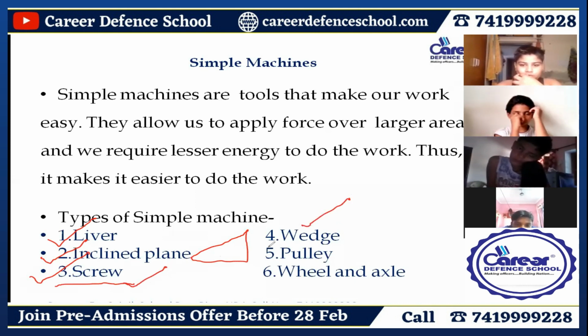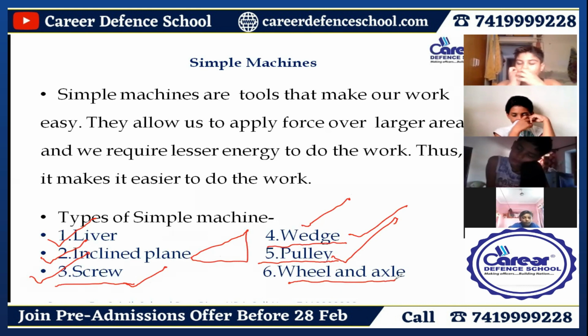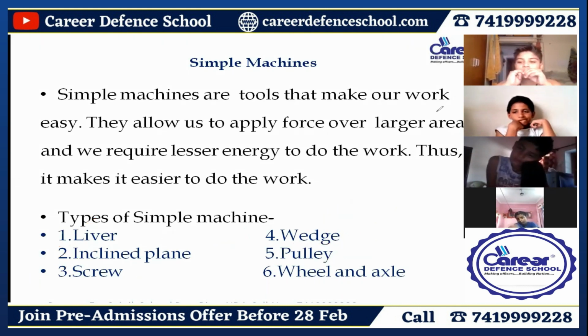Wedge is used for cutting things. When we cut things, we use a wedge. If we want to lift something or a very heavy load, then we use a pulley. And wheel and axle, when we move an object from one place to another and change the direction, we use a wheel and axle at that place.